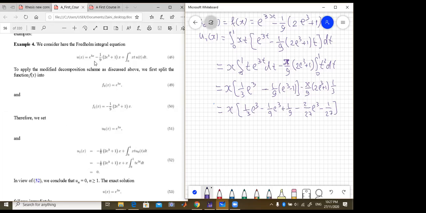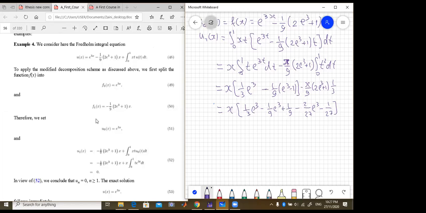In other words, if you pay attention, this f of x right side function should contain the solution actually. You see, this e3x is a solution of this equation without this part. So if f of x contains the solution, then we can choose f0 and f1.